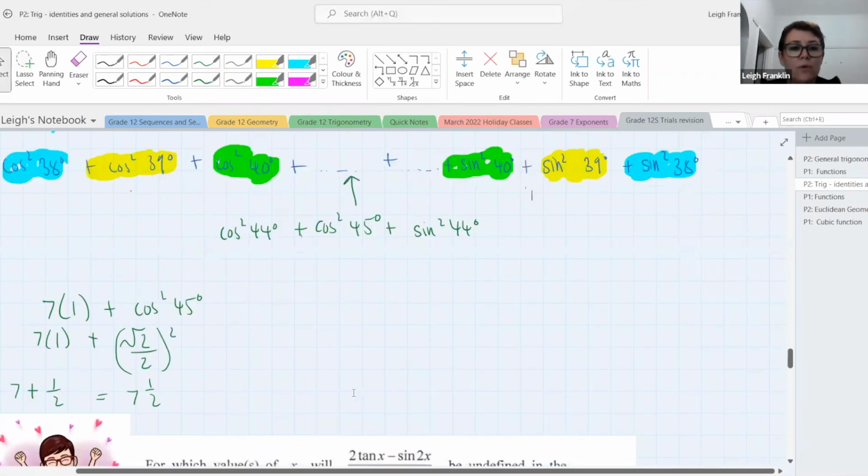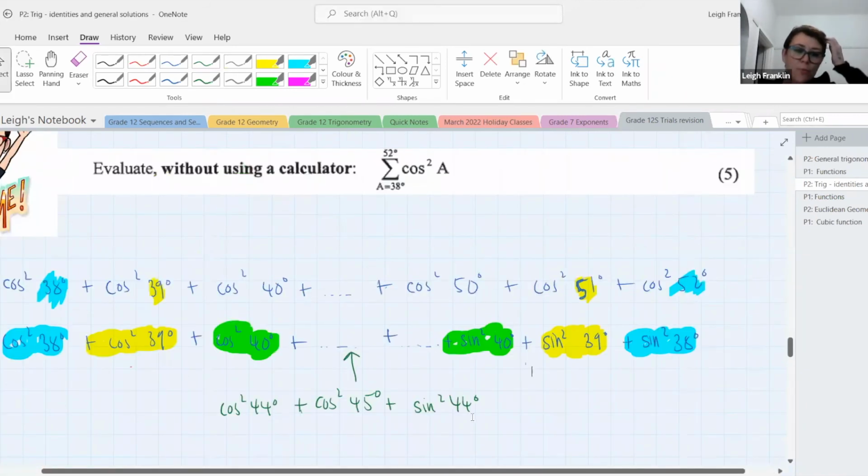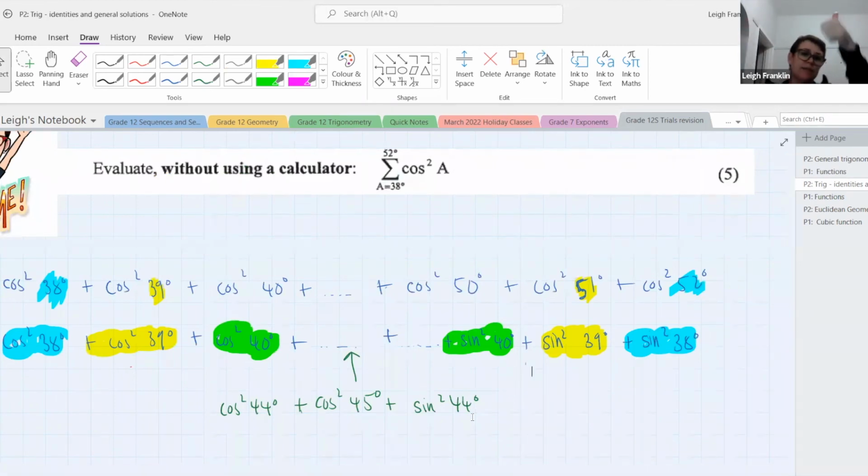So in other words, the blue bits at the ends, cos squared 38 plus sine squared 38, is going to give you 1. And then cos squared 39 and sine squared 39 is going to give you 1. Cos squared 40, sine squared 40 makes another 1.